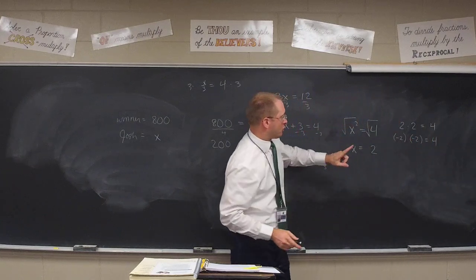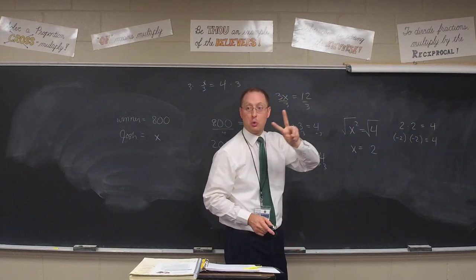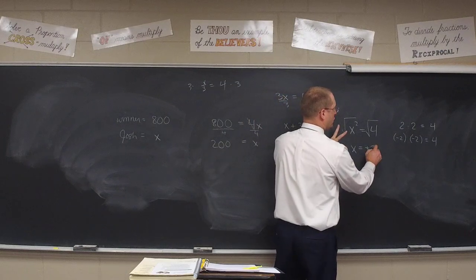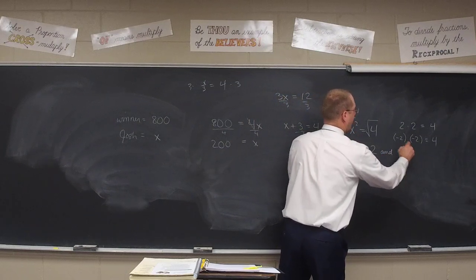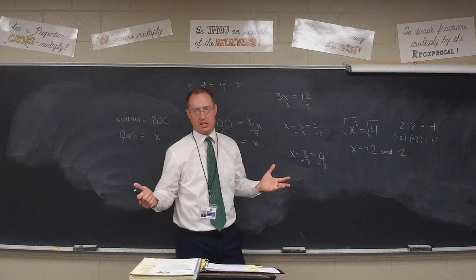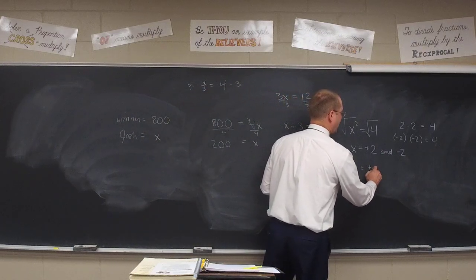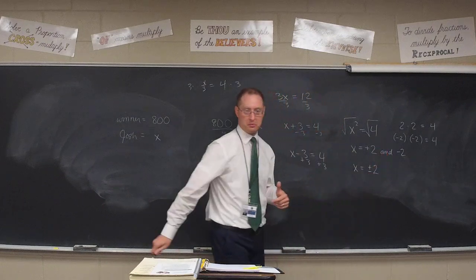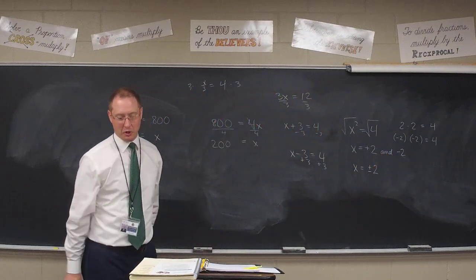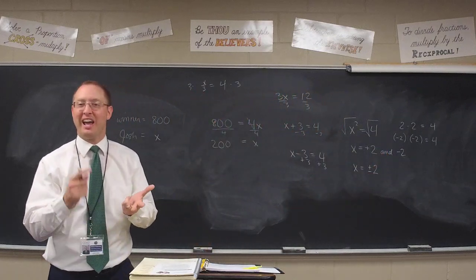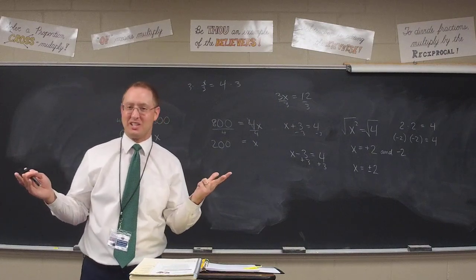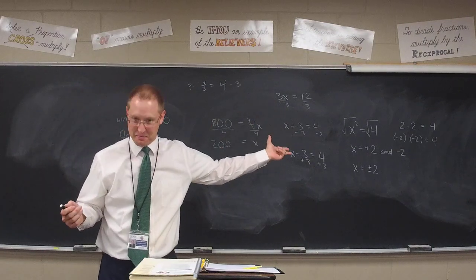So when I take the square root of 4, there's actually 2 of them. A positive 2 and a negative 2. But I'm lazy. I don't want to write it like that. So the shortcut is what you see in your book there. Positive, negative 2. And that little symbol just means both the positive 2 and the negative 2. It's the mathematician lazy way of writing 2 answers at the same time.